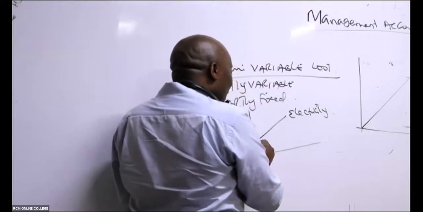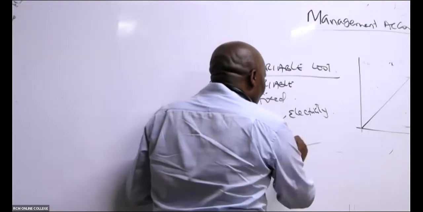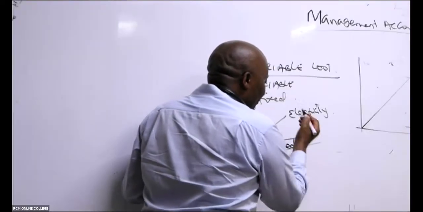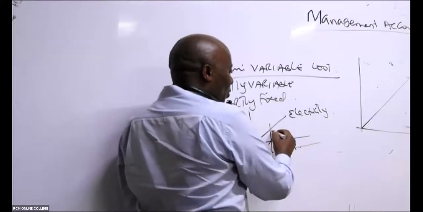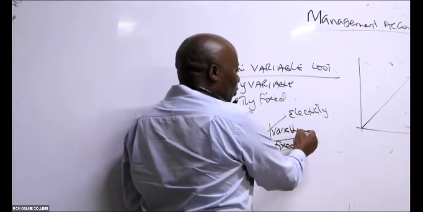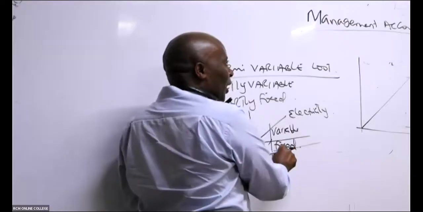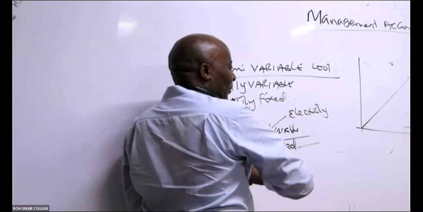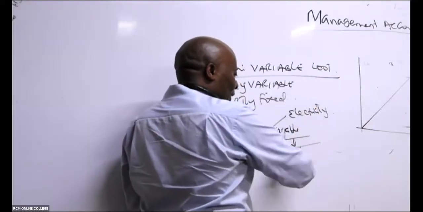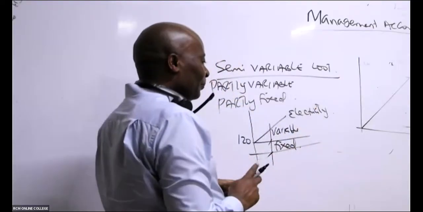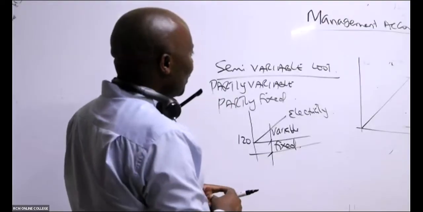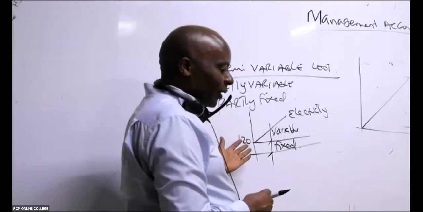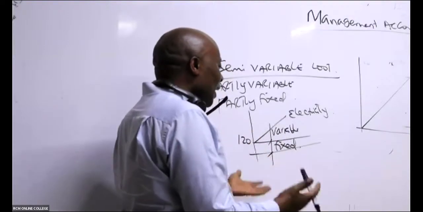If I dissect my meter bill very well, I will have these 2 components: fixed cost and variable cost. The variable component depends on the number of kilowatt hours. The more I use, the more, but the fixed will always be fixed. People who do not understand semi-variable cost are always at Kenya Power crying, 'But I never used anything, why are you still charging me?'